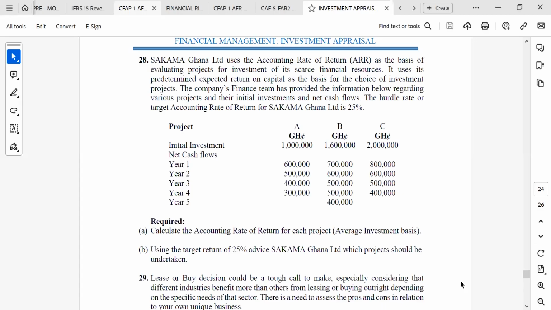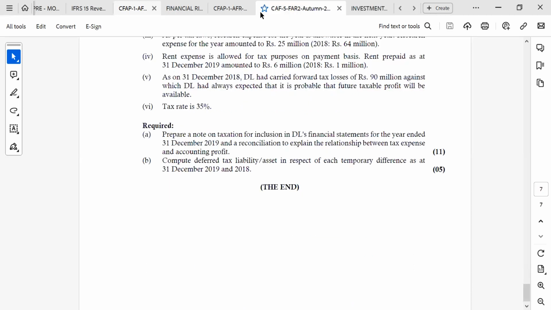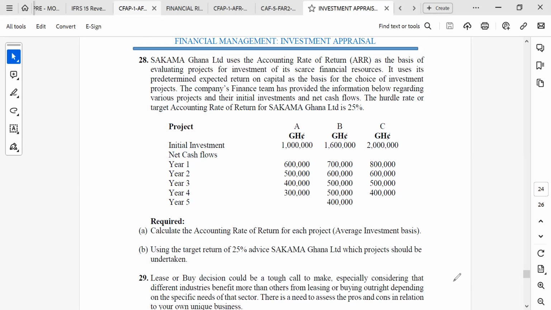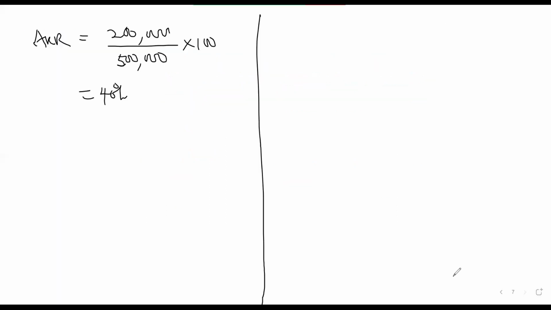Yes. So what will be the percentage? 40%. Is that correct? Yes, 40%.